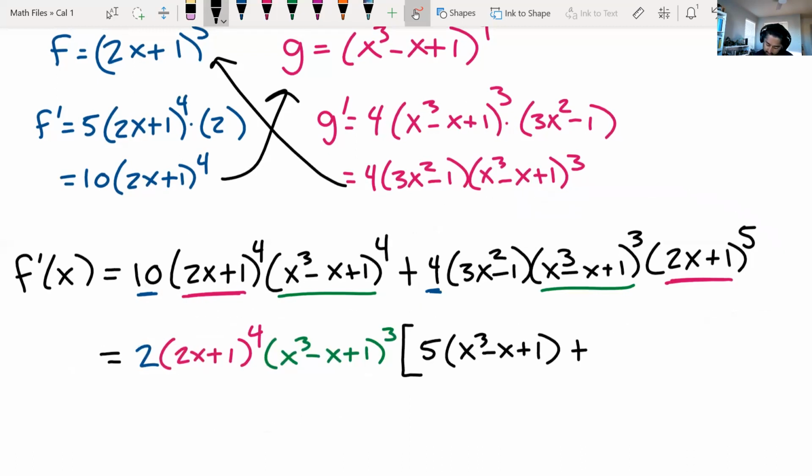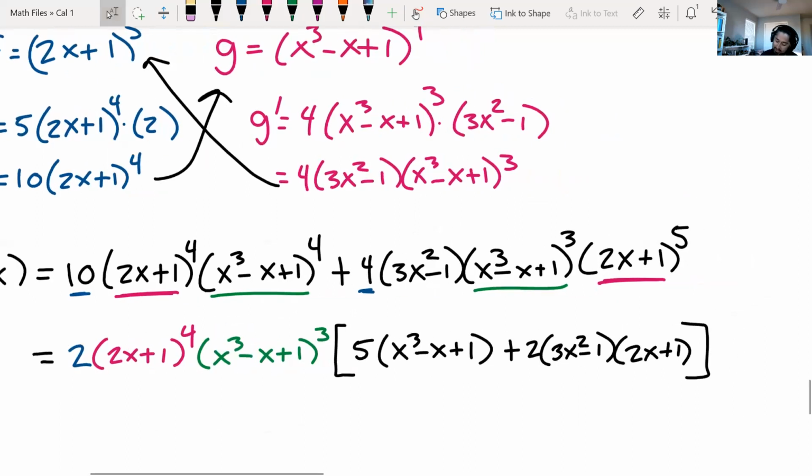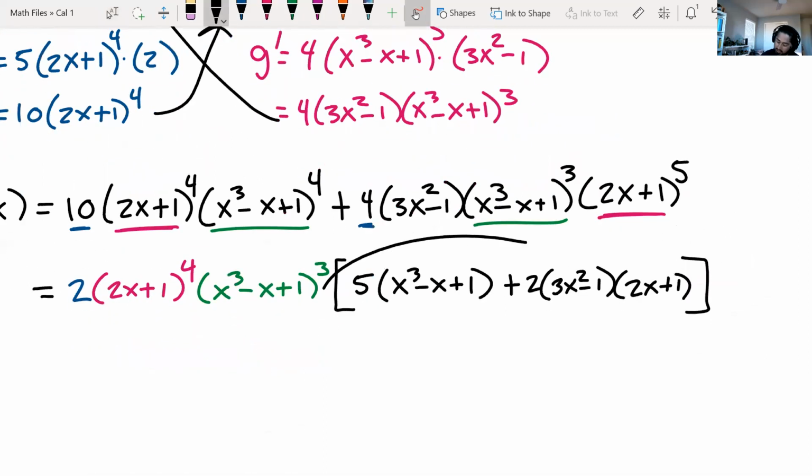What am I left with? 2. X squared minus 1. And then 2x plus 1. There you go. Extreme factoring. Yay. And now we just have to clean up everything in here.